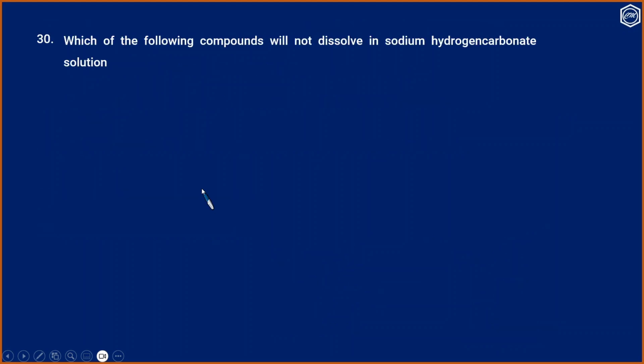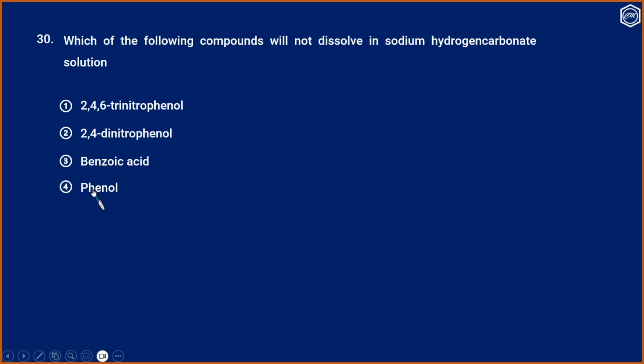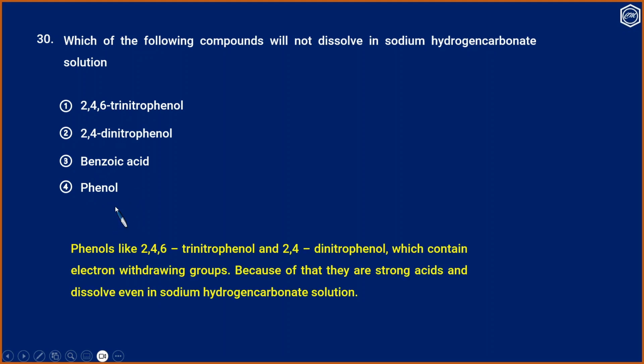Question number 30. Which of the following compounds will not dissolve in sodium hydrogen carbonate? 1, 2,4,6-trinitrophenol, 2, 2,4-dinitrophenol, 3 benzoic acid, 4 phenol. Phenols like 2,4,6-trinitrophenol and 2,4-dinitrophenol contain electron withdrawing groups.